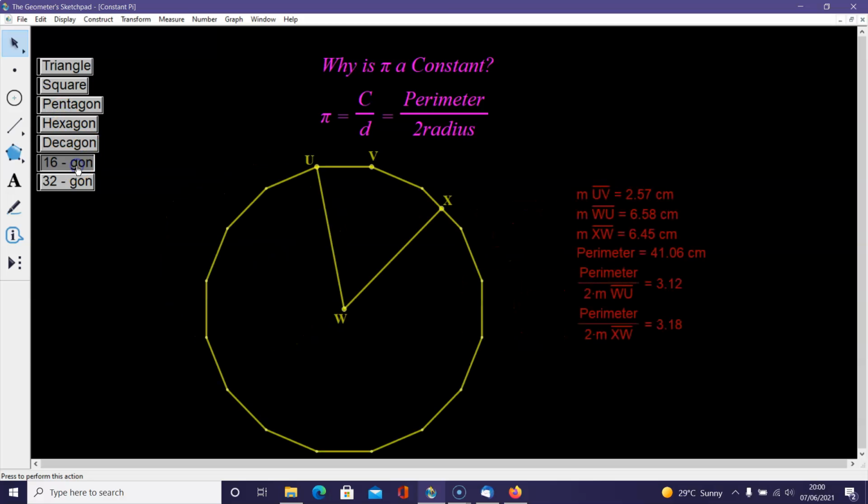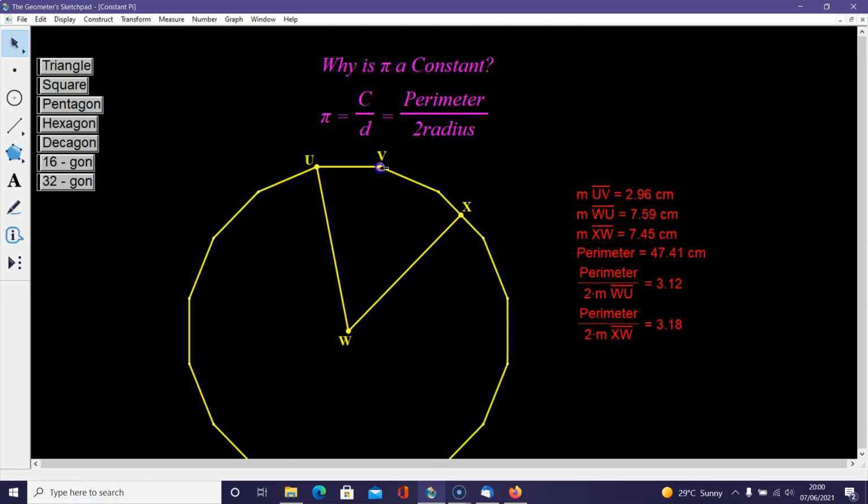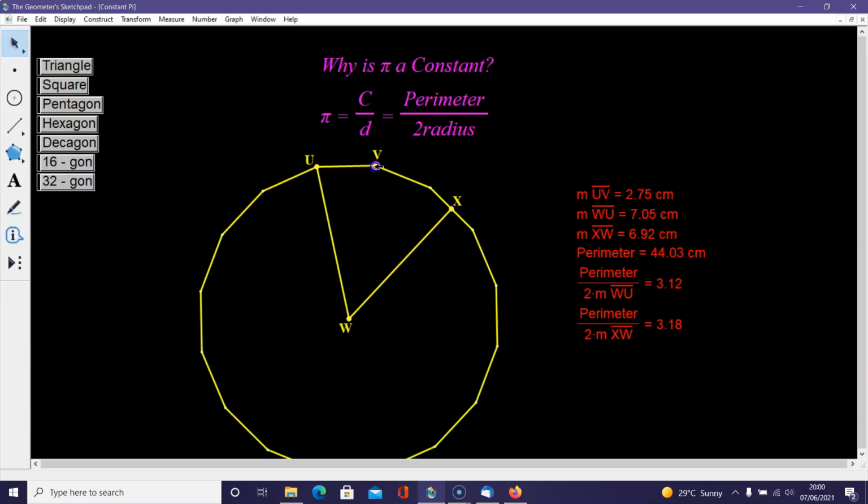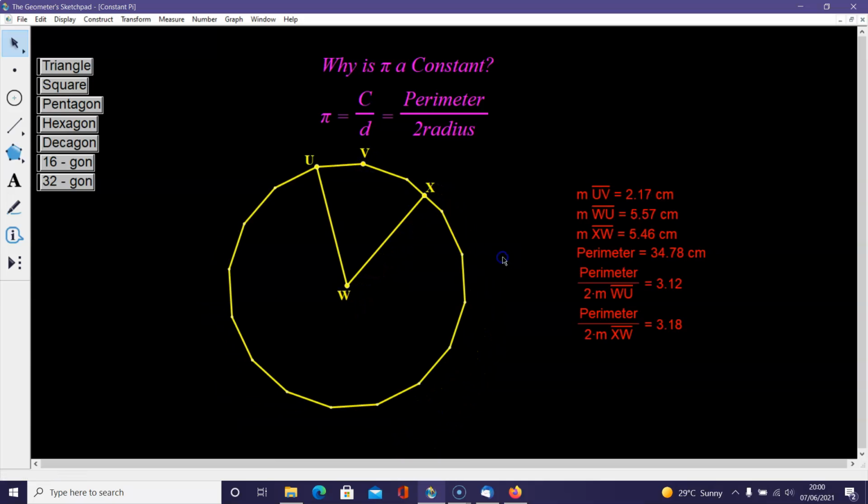And we can go to a 16-gon, and notice now at 16, we're really starting to come in on, okay, we're getting an object that begins to look very circular, and we're seeing these two ratios are in fact constant and close to each other. And you will notice that pi for a circle does lie between these.